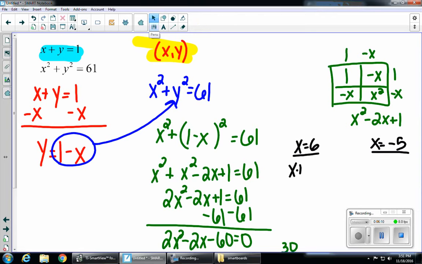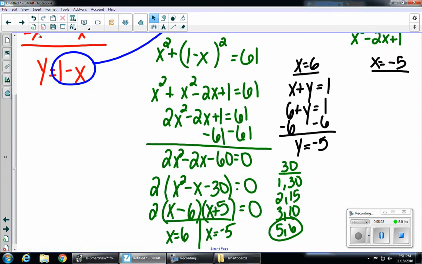So x plus y equals 1, but we already know x is 6. So when I subtract 6 from both sides, I get y equals -5, which means this is really the point x comma y. It's going to be 6 comma -5. So that's 1 point.